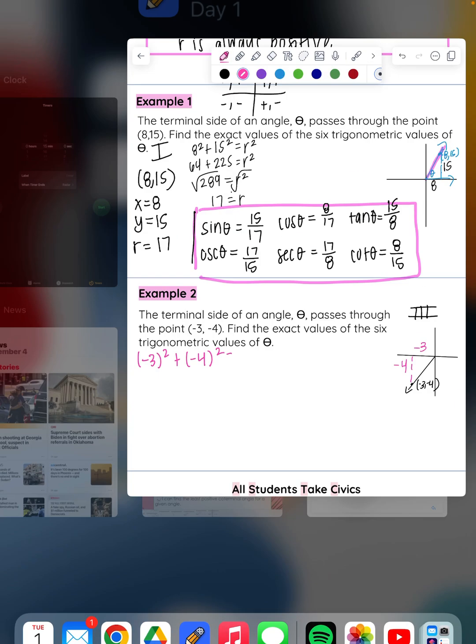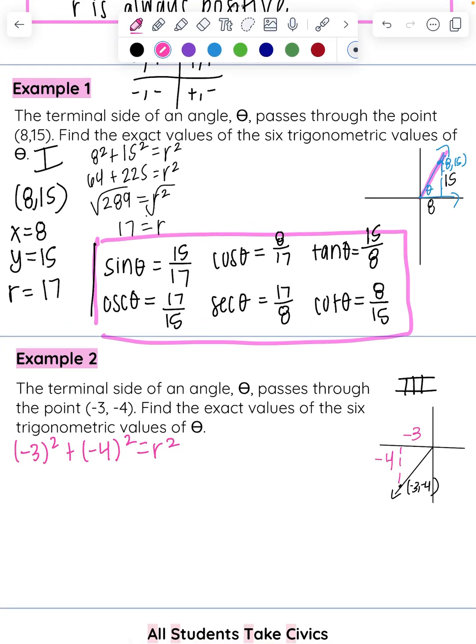Then I have 9 plus 16 equals r squared, 25. So 5 equals r, okay? X was -3, y was -4, and now I can find all 6 trig functions. Sine of theta is y over r, so that's -4/5.